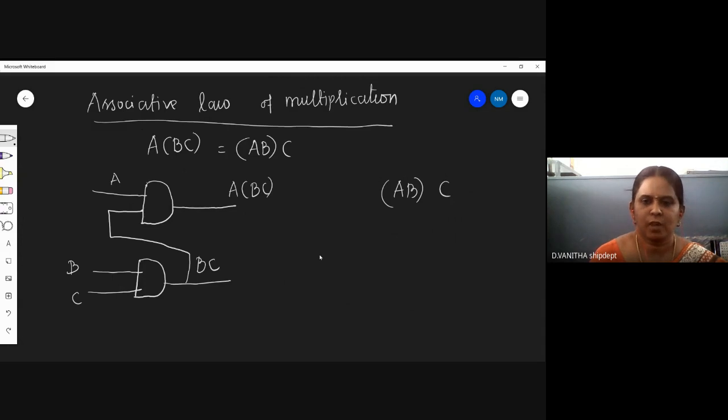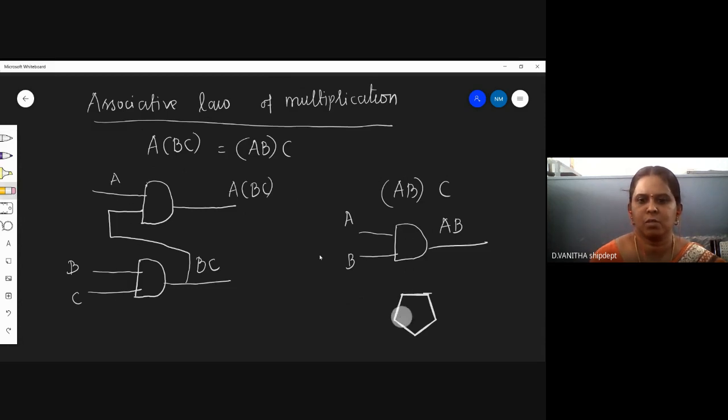For the second one, AB into C, you have to draw the same thing. So here A, B. First you take A into B, so this can be written as AB. Next, another AND gate has to be drawn here.